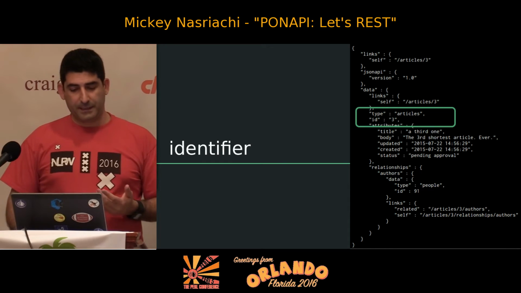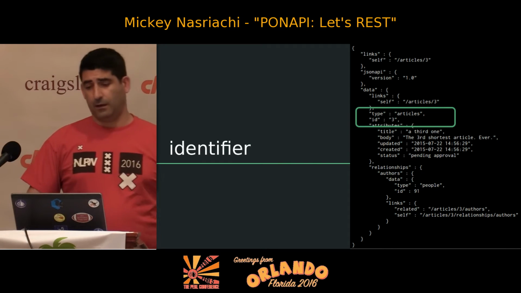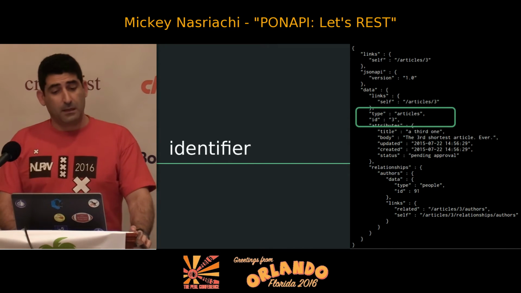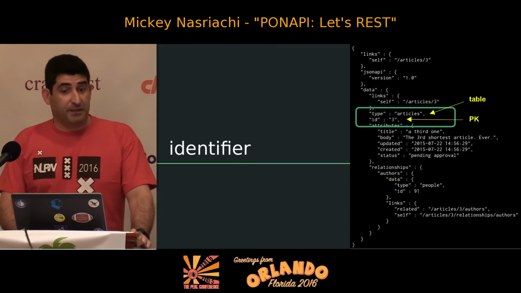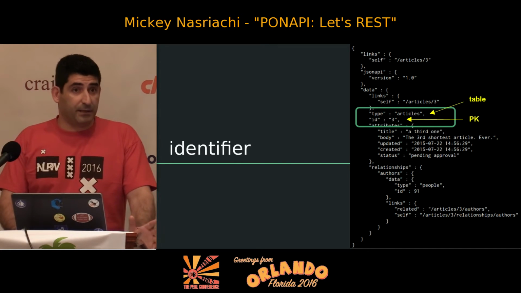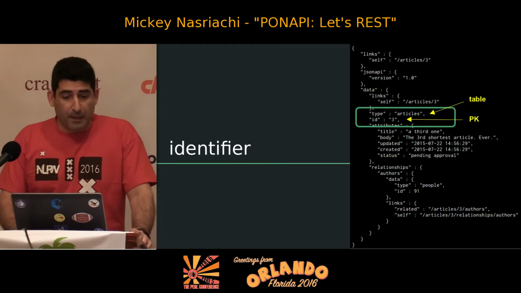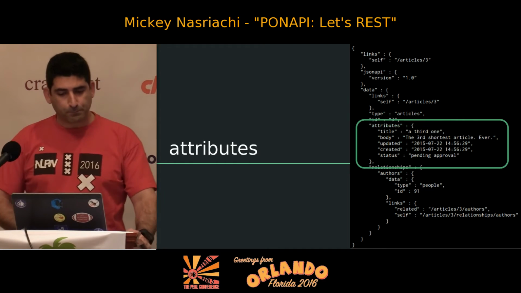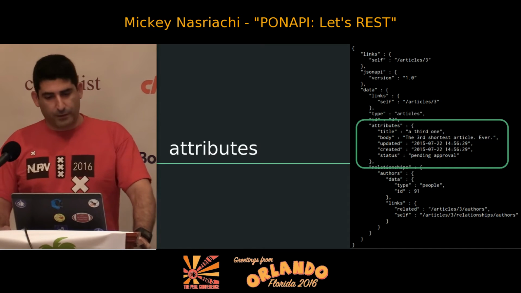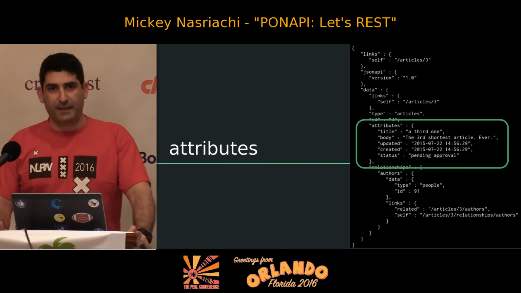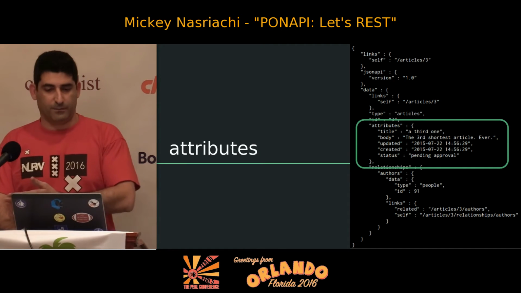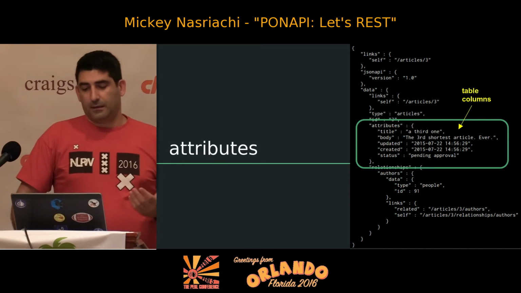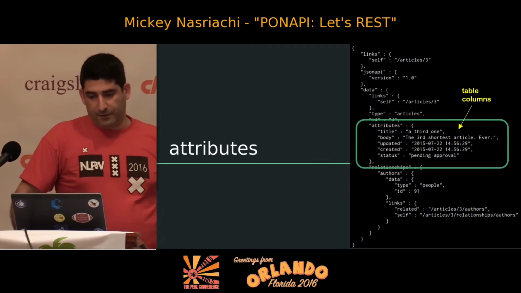So in our case, let's say this element comes from a table. The type would be the table name, and the ID would be the primary key. So here we identified the element on the server side. The attributes, you can see them as the actual data, basically the rest of the columns in that table. Everything that we need to know about this element. This is where the actual data is.